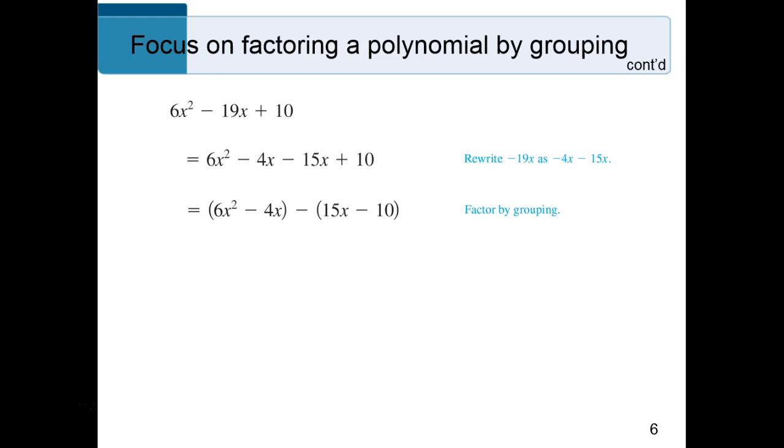Here's what they did. They grouped these two and put 6x squared minus 4x. Then they pulled out the minus sign first, and what's left here is 15x.